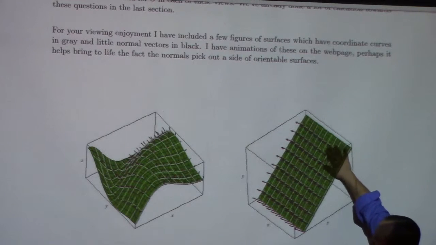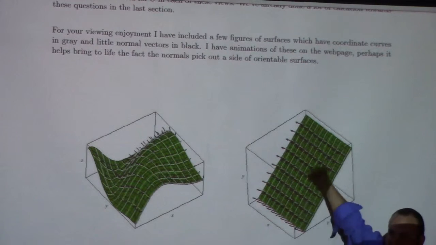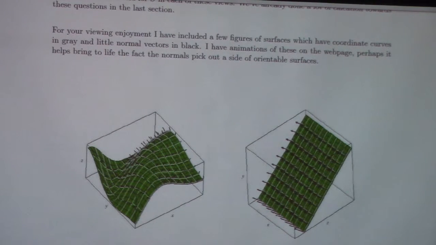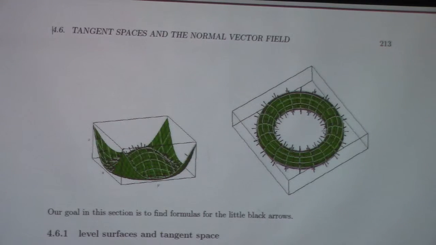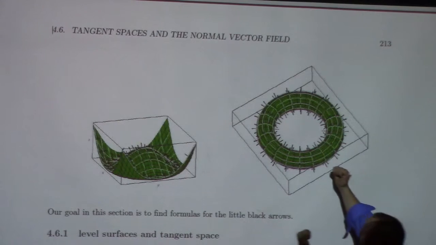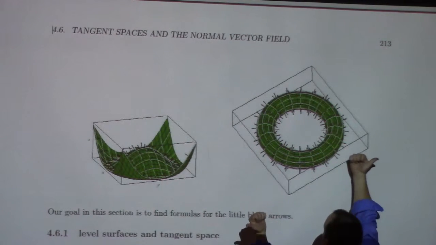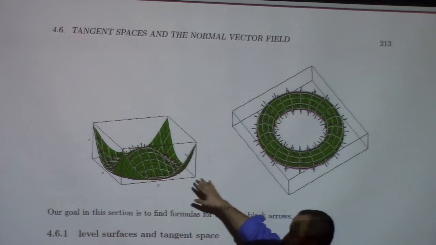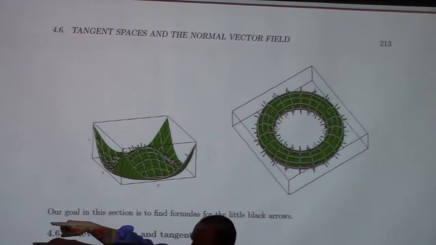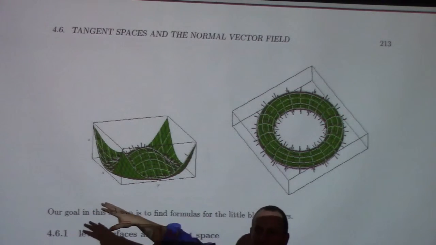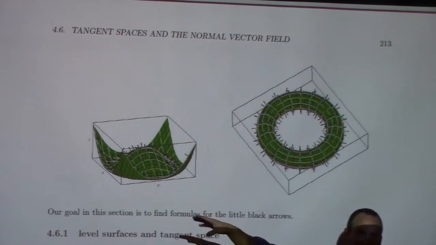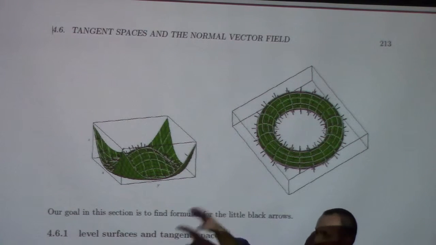This one's more boring because the normal vector field to a plane is constant. As you saw on the next sheet, I have a torus, and the normal vector field is always sticking out of the torus. That's the idea. This cross product of partial r, partial u with partial r, partial v is what you need to calculate the formula.